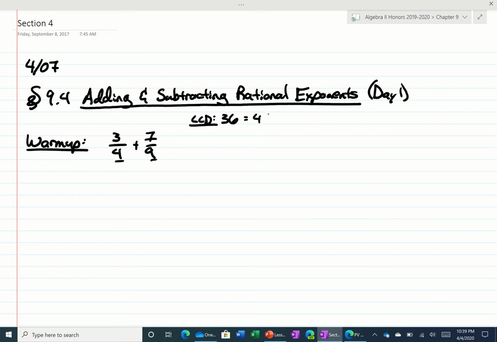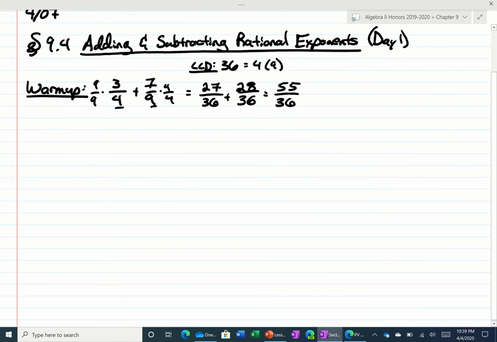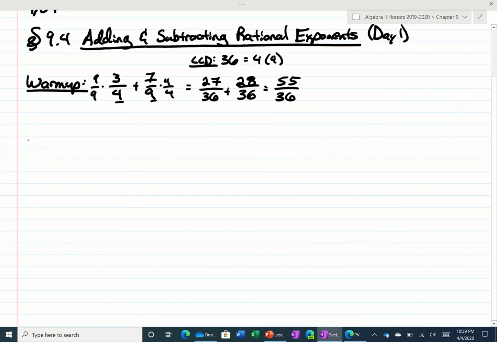Each fraction needs to have a factor of 4 and 9 in the denominator. So I'd multiply this by 9 over 9, multiply this by 4 over 4, and we get 9 times 3 is 27 over 36, plus 28 over 36 is equal to 55 over 36. So if you understand that, you're going to understand today's lesson.